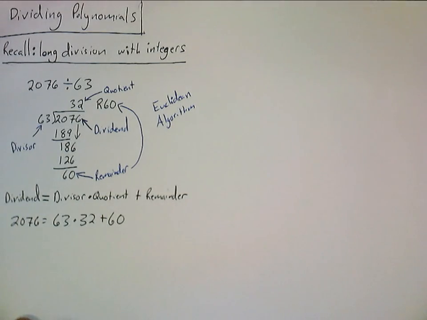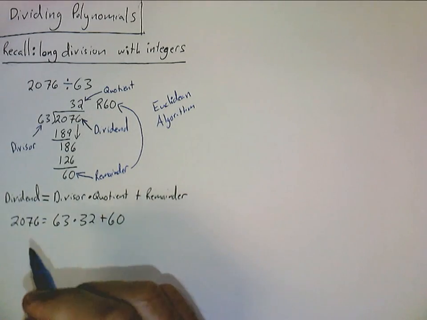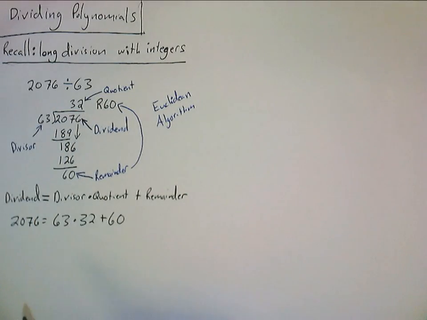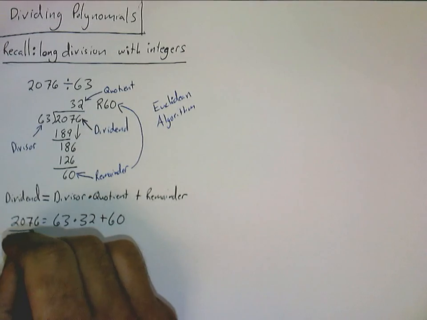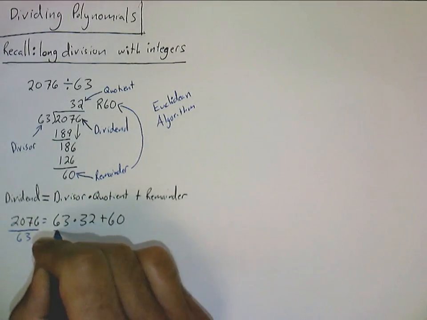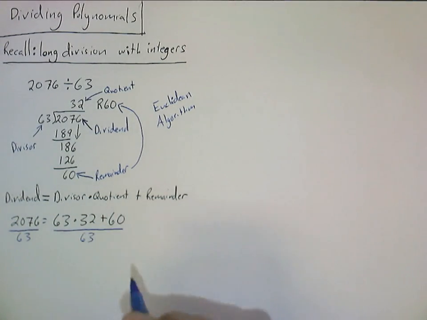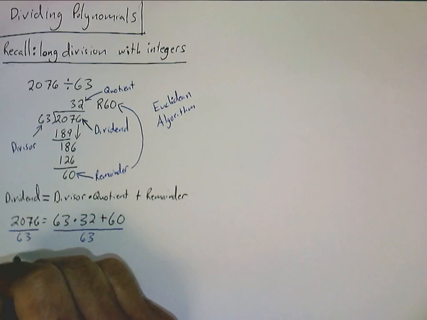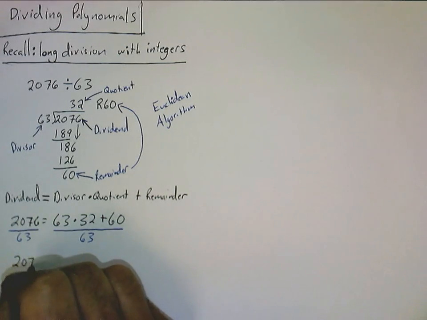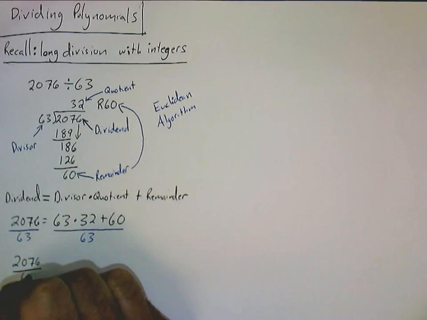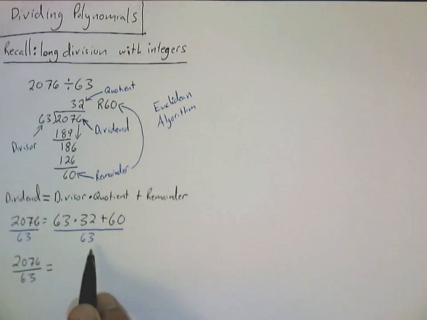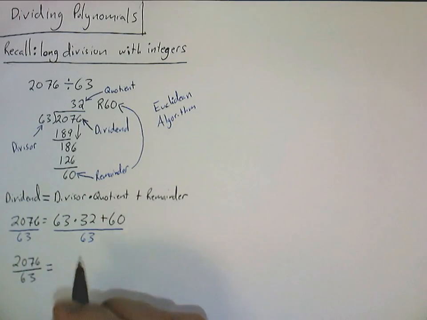However, another thing we can do, and if we want to actually show this division within the equation, if we just divide both sides by 63, well, now we have this ratio of 2076 on top and 63 on bottom. So we could rewrite this as 2076 over 63 is equal to, well, we're going to distribute this dividing by 63 to both of these terms.